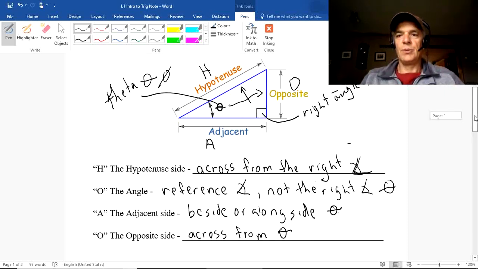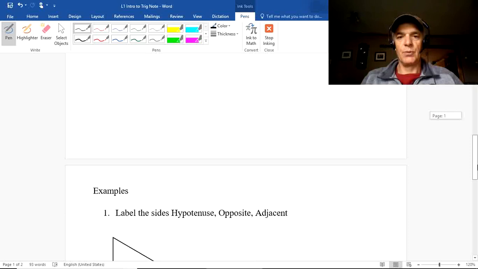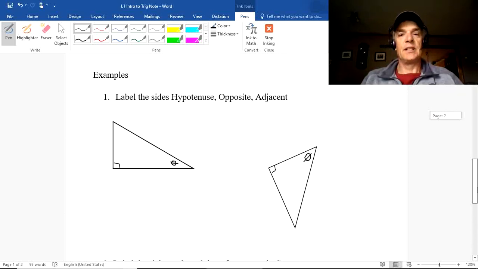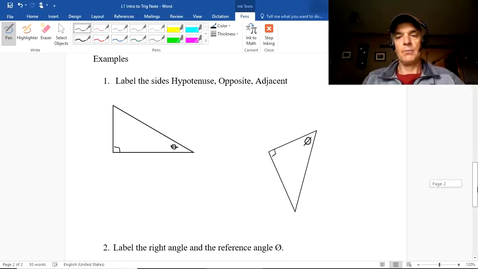So what we can do is create some questions associated with this. Label the hypotenuse, the opposite, and the adjacent for these particular triangles. I have labeled two of the angles: the reference angle, theta, and the right angle, at least with my pen.